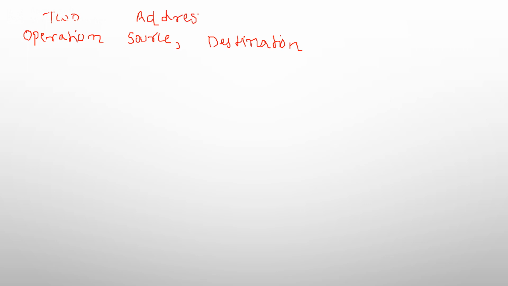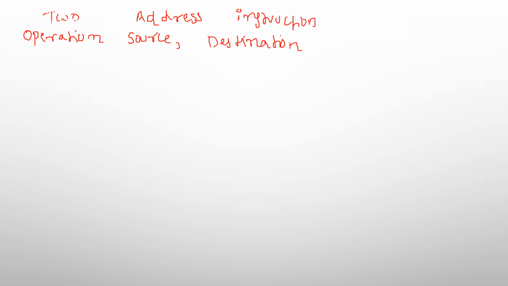In the case of a two address instruction, the syntax is operation source comma destination. So this is the two address instruction.